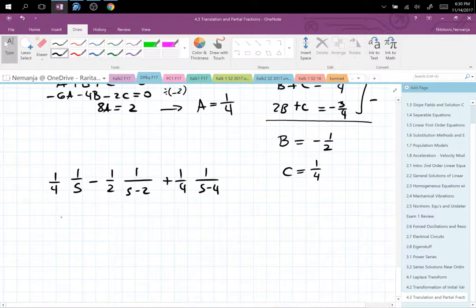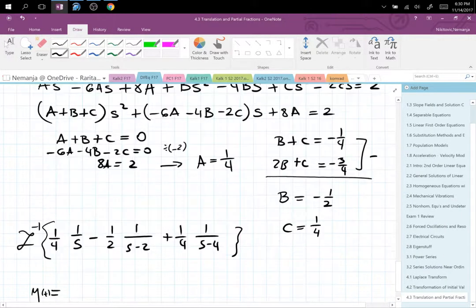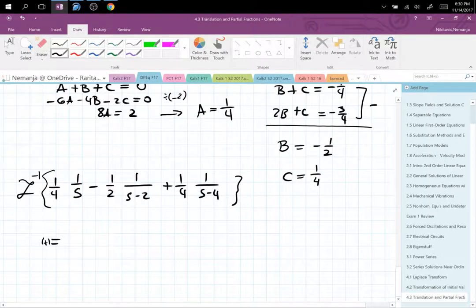And when you hit it with the inverse Laplace, you get x of t. One quarter. No, it's just 1/4.